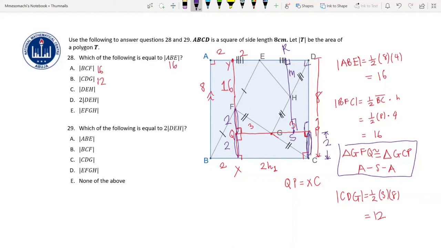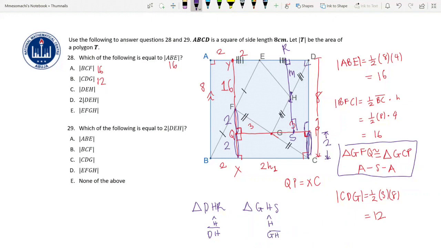So if you look at triangle DHR and triangle GHS, we see that the angle at H is equal to the angle at H in both triangles. We see that the side length DH is equal to the side length GH as given in the question. And what else do we see?